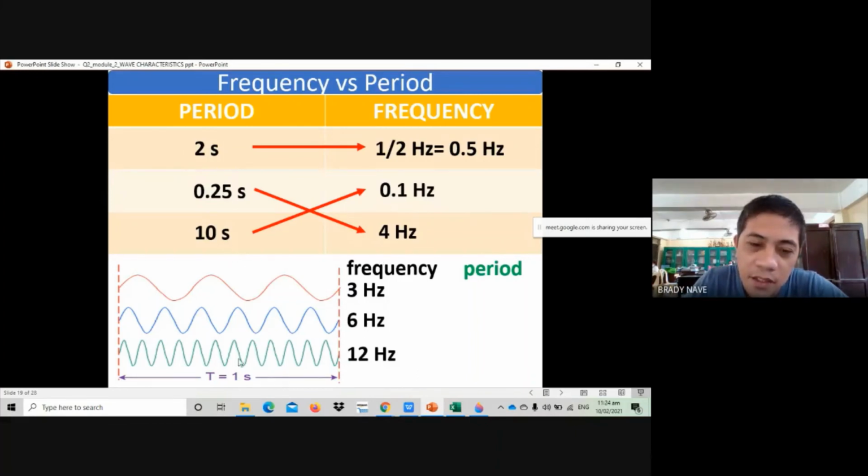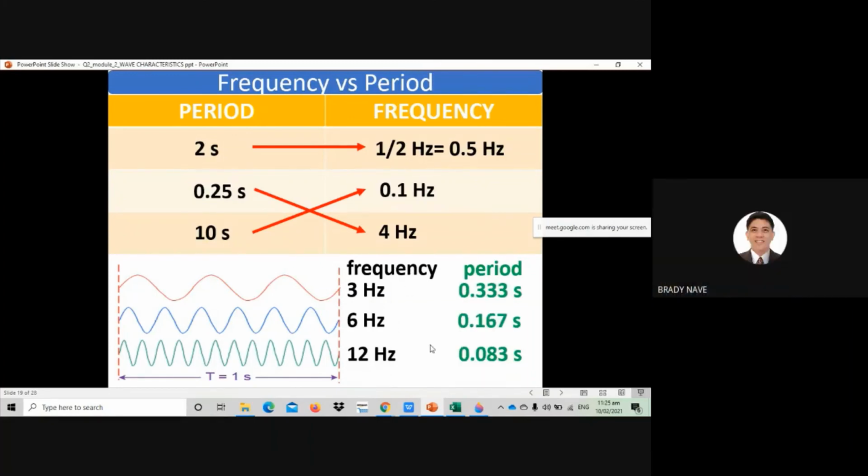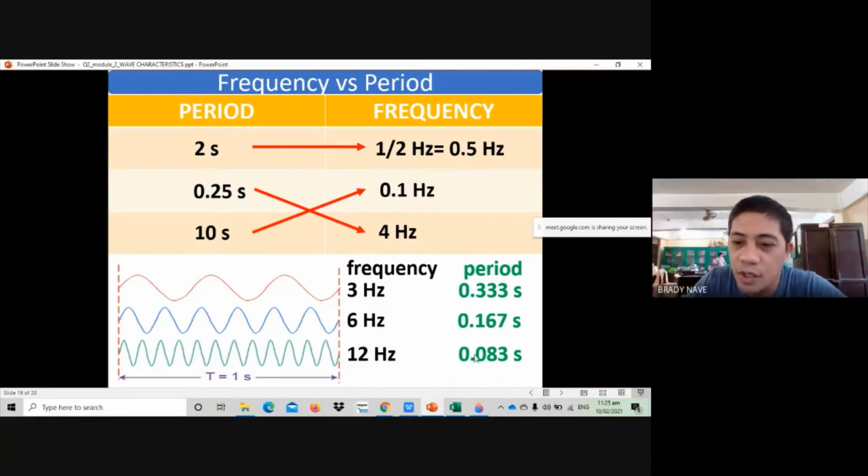So obviously, in 1 second, the wave that has more cycles produces greater frequency. 12 hertz has the highest frequency. In terms of period, magkabaliktad. The higher the frequency, the lower the period. So si 0.083 mas lesser siya og period kaysa kay 0.333. So greater ni siya og period kani lesser.